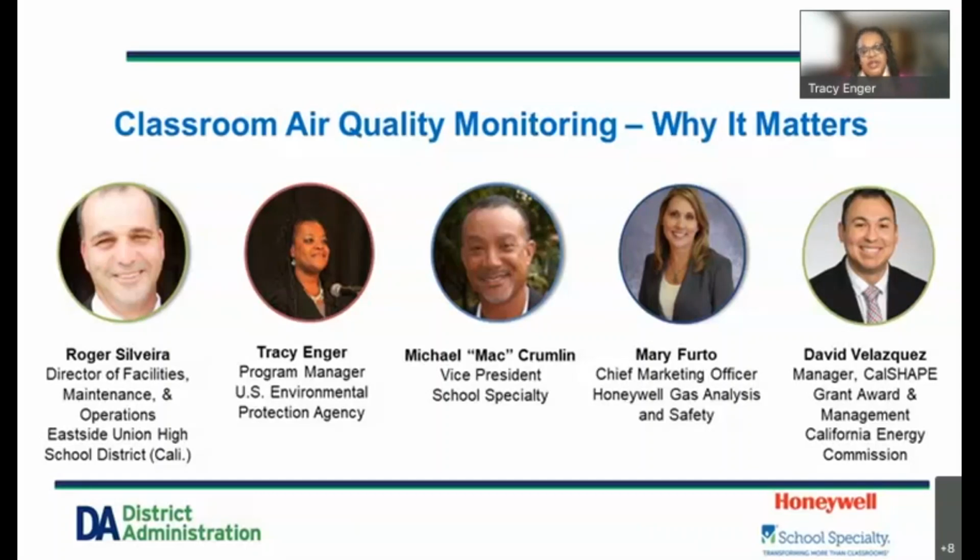So managing your indoor air quality to reduce mold and moisture, to balance your energy concerns, but most importantly, to make sure that you have HVAC systems and ventilation systems in place that are going to eliminate pollutants and biological contaminants like viruses.